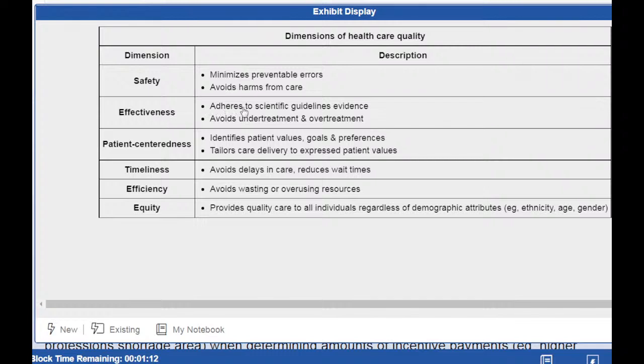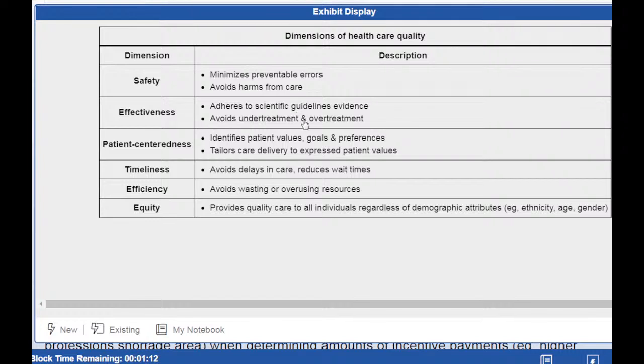Effectiveness: adhere to scientific guidelines and evidence. Like, for example, if they tell you aspirin is no use anymore for clots or things like that, you have to follow the right guides, the actual guides. So effectiveness: adhere to scientific guidelines and evidence.